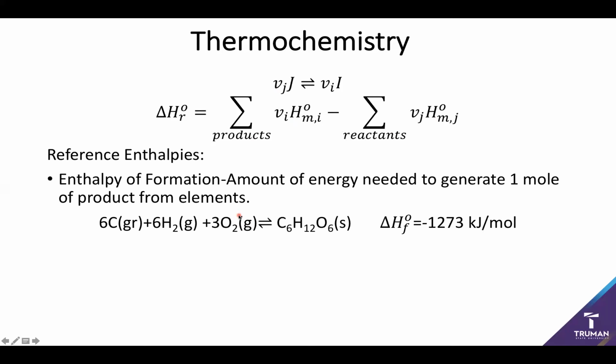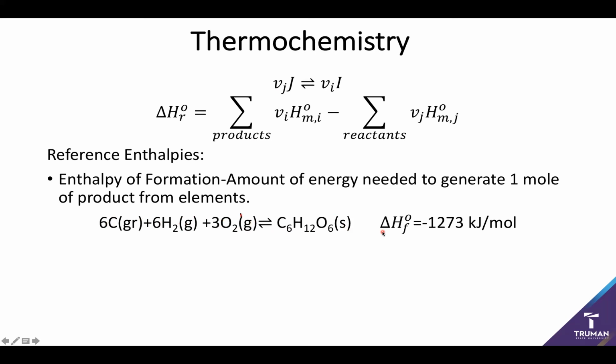So let's say I'm making sugar, good old glucose. It can be made from carbon, hydrogen, and oxygen. The most stable state of carbon is going to be graphite. The most stable state of hydrogen is going to be H2 in the gas phase. And the most stable state of oxygen is going to be O2 in the gas phase.